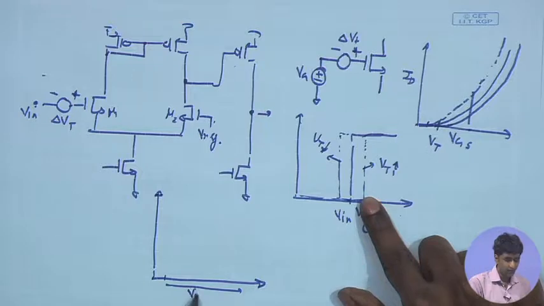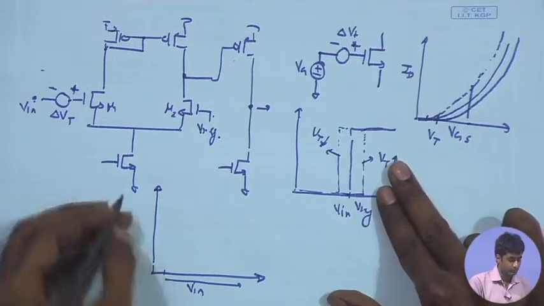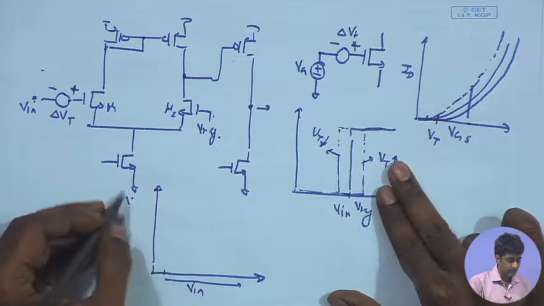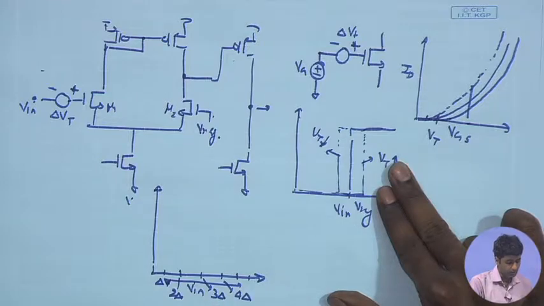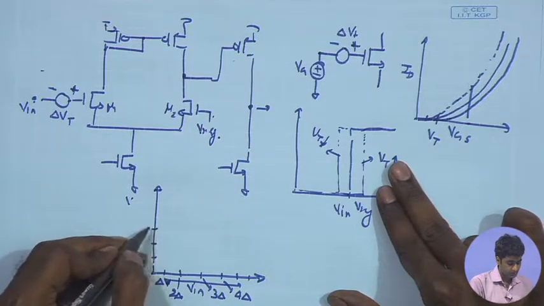So, this is your analog sample V in, and corresponding to the y axis you are plotting the digital word. So, if these are the intervals, this is your delta V, and just let me call it delta. So, this is delta, this is 2 delta, this is 3 delta, 4 delta, and so on. And corresponding to that I have the digital words.